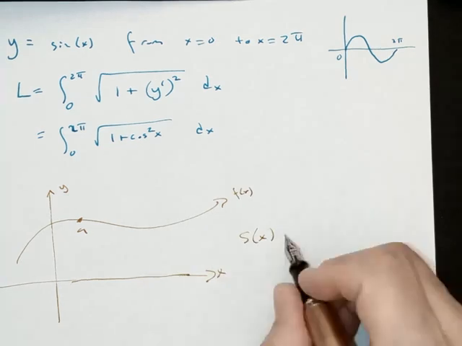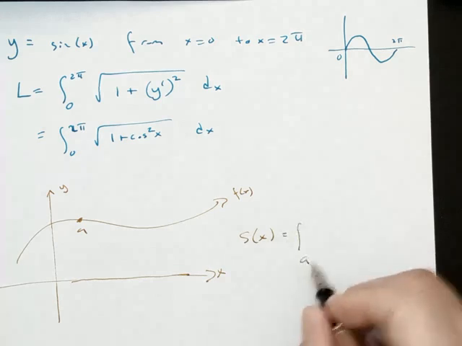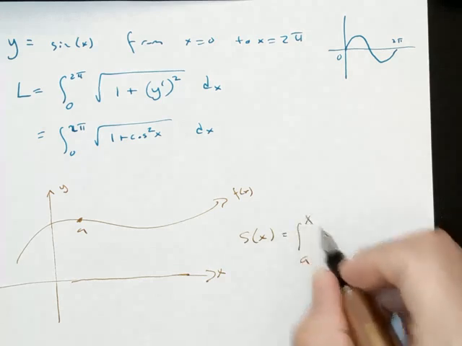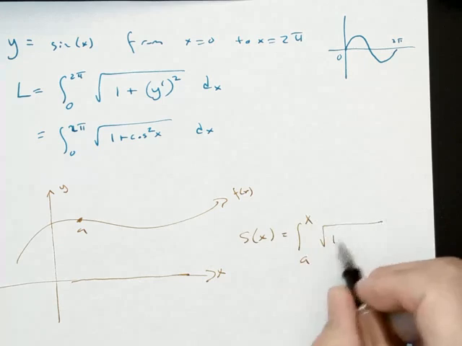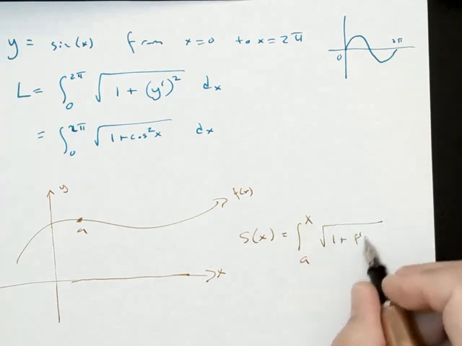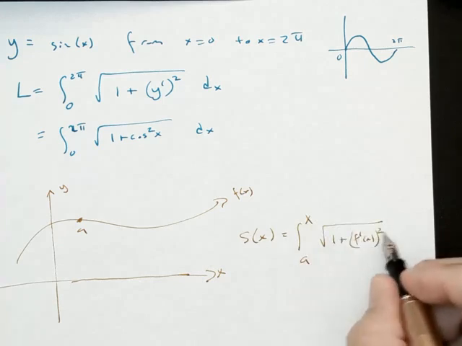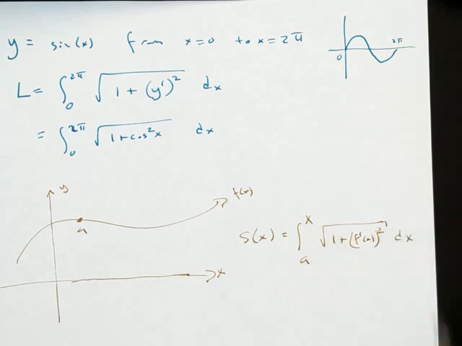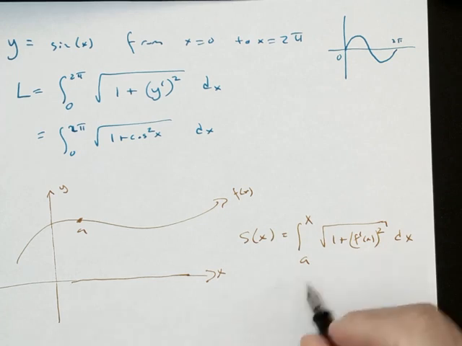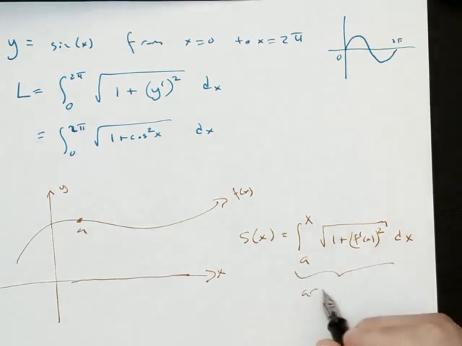And I'm going to define it in terms of an integral. That expression over there on the right is our arc length, isn't it? This is called an arc length integral.